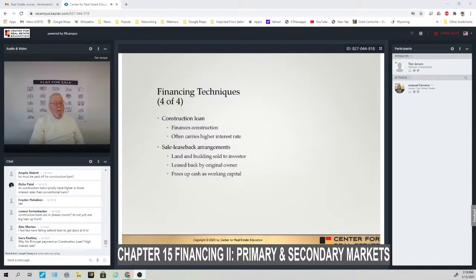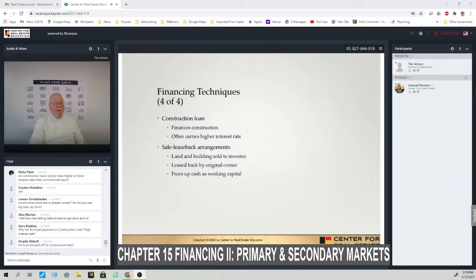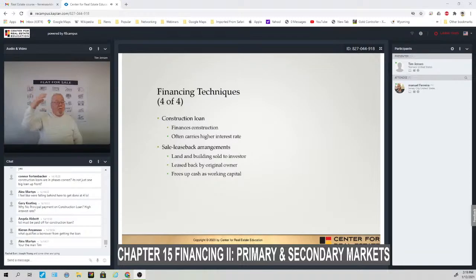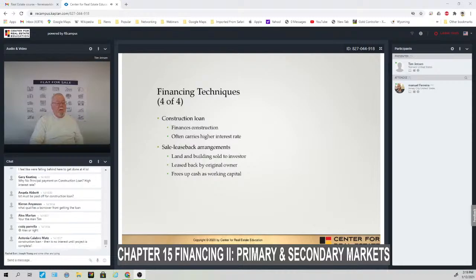Why no principal payment on a construction loan? High interest rate? Because the loan isn't completely given to me until the last tradesman is paid. Then we have borrowed the full amount and now it's due back. So I'm making interest payments only for that period of time.